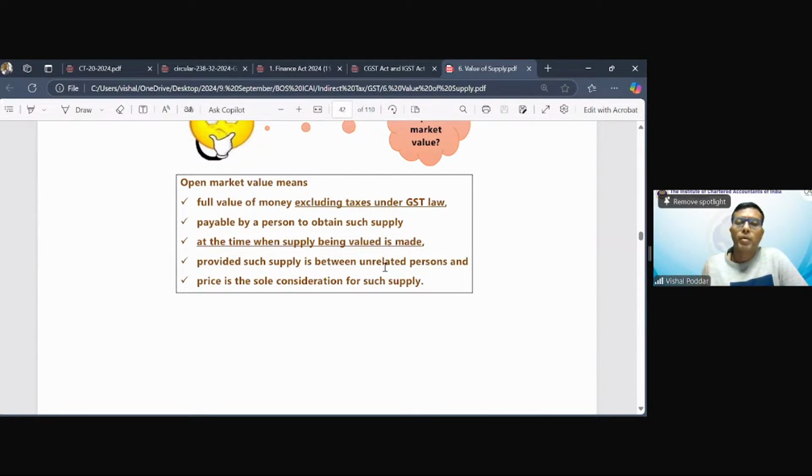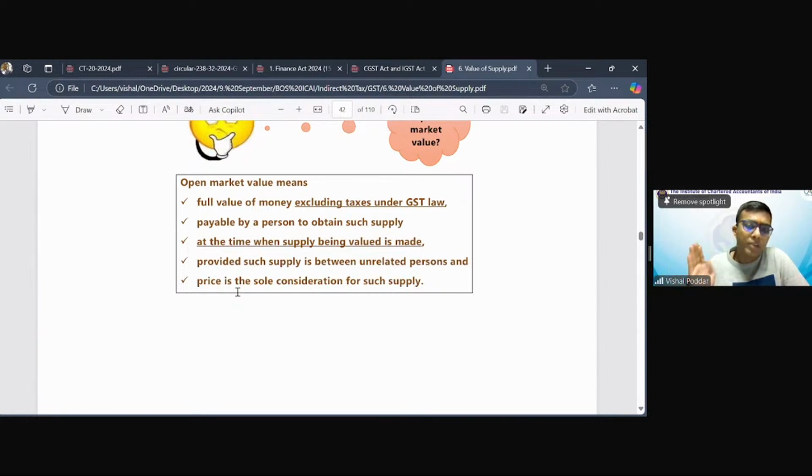So when I'm providing service to other students, let us say Hemant is my related person, you will not see the fees which I've charged to Hemant, because that may be discounted, that may be lesser because Hemant is my related person. So we will take the fees which I'm charging to unrelated persons, and also where price is the sole consideration. See, these are the basic conditions for accepting transaction value. In simple words, for Mansha's valuation, you will take my fees which I am charging to other students, where all conditions of transaction value are satisfied.